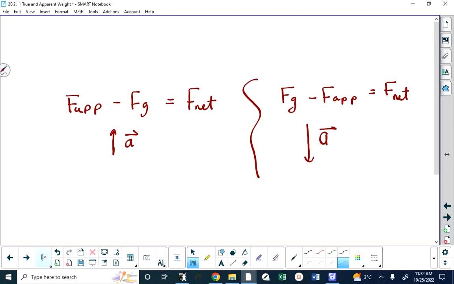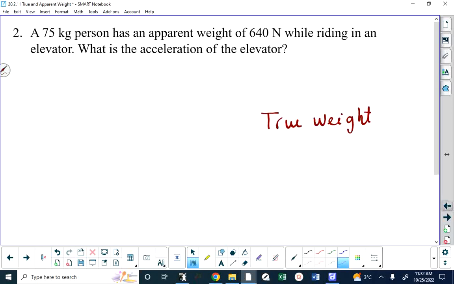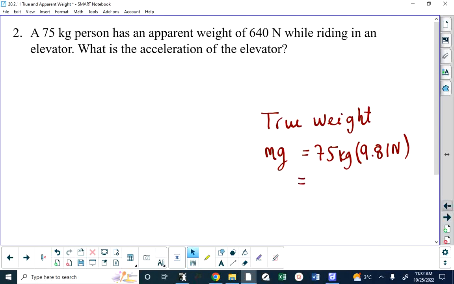I'm saying there's no way to know which of these two it is in this question unless we calculate the true weight. The true weight is mg, which is 75 kilograms times 9.81 newtons. Notice I put mg. I didn't put ma. It's mg for weight.